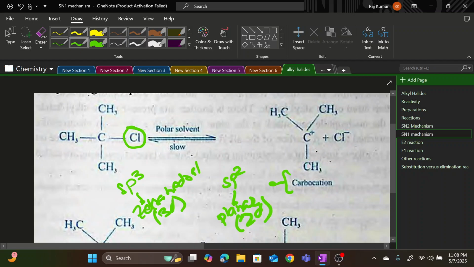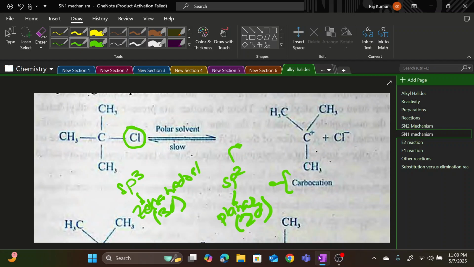So why does it happen? Because the sp2 hybridized carbocation has a planar structure, and that planar structure provides more area for the nucleophile to come and attack the carbocation. But in a tetrahedral structure, it becomes really difficult for chloride or any other nucleophile to come and attack, because in a 3D structure there are three dimensions involved.